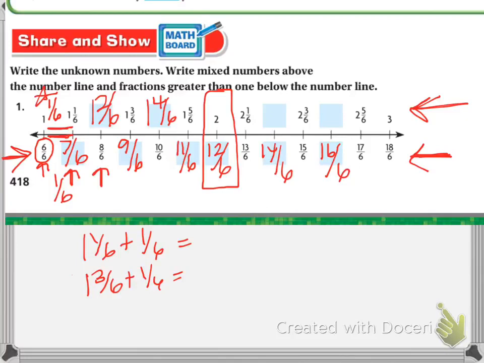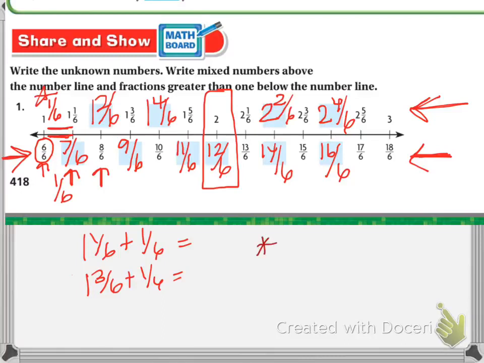Now I have 2 whole parts, so 2 2/6, 2 3/6, 2 4/6. So if you remember what your denominator is, that tells you the size of the parts you're working with. Just remember to keep that the same.